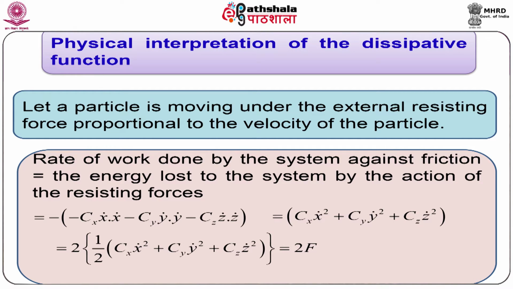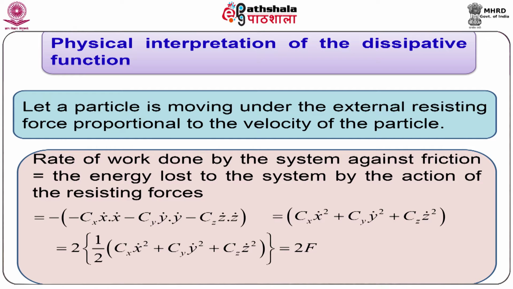Then the rate of work done by the system against friction is the energy lost to the system by the action of the resisting forces, which is minus of minus Cx into x dot x dot minus Cy into y dot y dot minus Cz into z dot z dot.